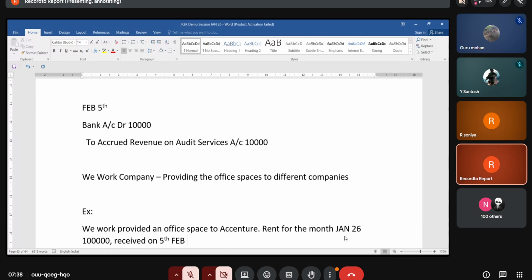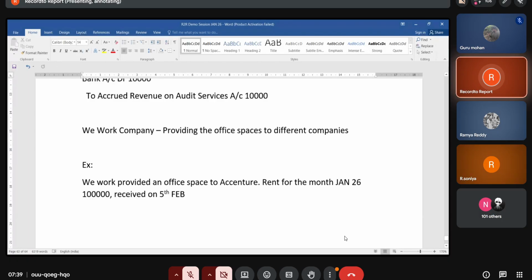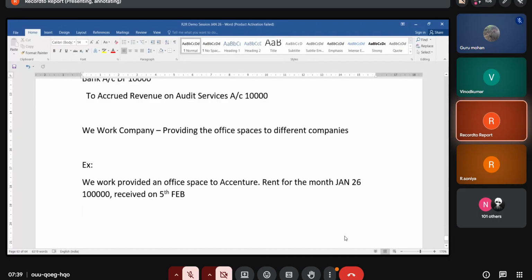So which company are you working for? You're working for WeWork. WeWork has provided the office space to Accenture. Accenture is taking the services from whom? WeWork. Accenture is payable to WeWork. So for WeWork, is it a revenue or expense? Revenue. It is a revenue.